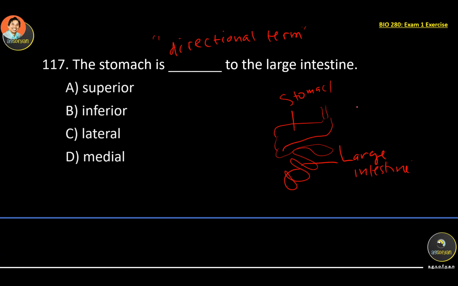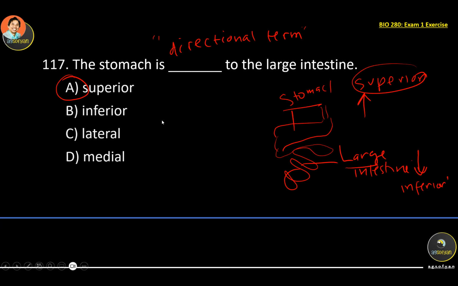If it is above, it's called superior. If it is below, it's called inferior. So based on this information, we know the stomach is superior to the large intestine. So this should be the answer. The stomach is superior to the large intestine.